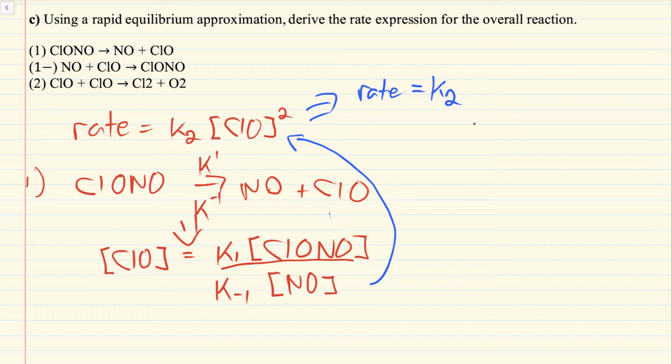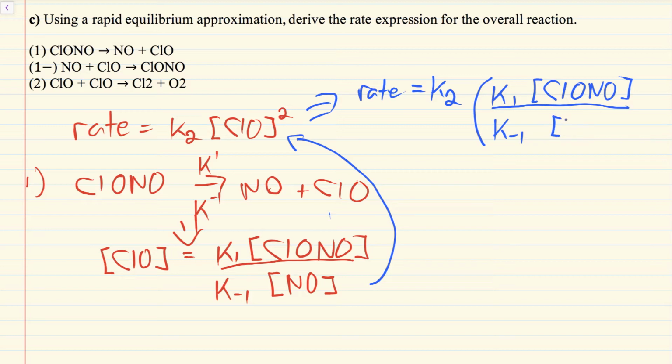So it's equal to K2 multiplied by K1 times the concentration of ClONO divided by the inverse reaction multiplied by NO, and that's all to the power of 2.